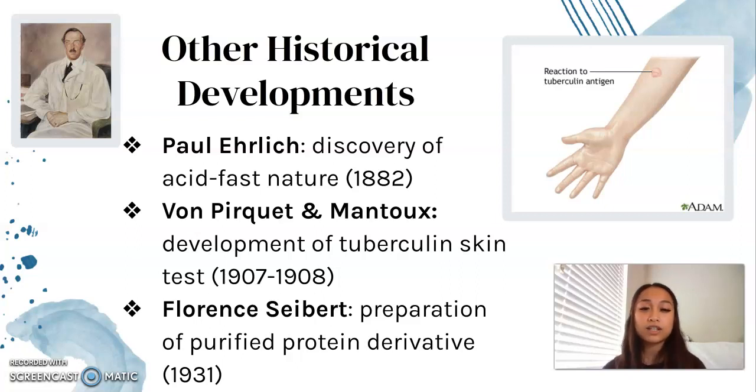Tuberculin refers to the sterile extract protein that is obtained from the culture of tubercle bacilli, and it is involved in the diagnosis of tuberculosis. And then Florence Seibert prepared the purified protein derivative of tuberculin. It's also called PPD, and this happened in 1931. So this skin test is going to be right here.